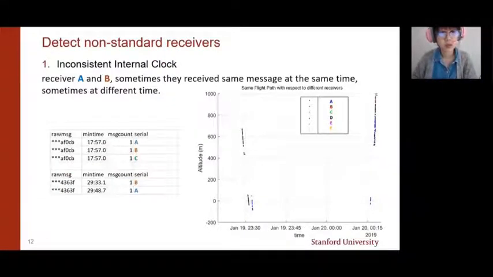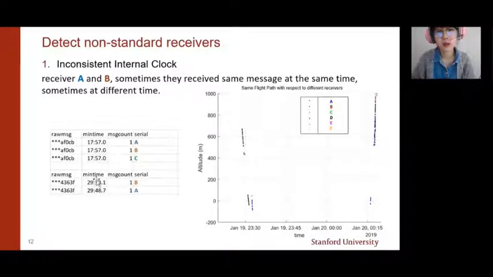I would like to show two common problems we've encountered while processing the data. First is time steps caused by an inconsistent internal clock. On the left-hand side, we're showing a table of data, and here I'm adding the identity of the ground receivers. Receiver A and B received the same raw message at the same time.